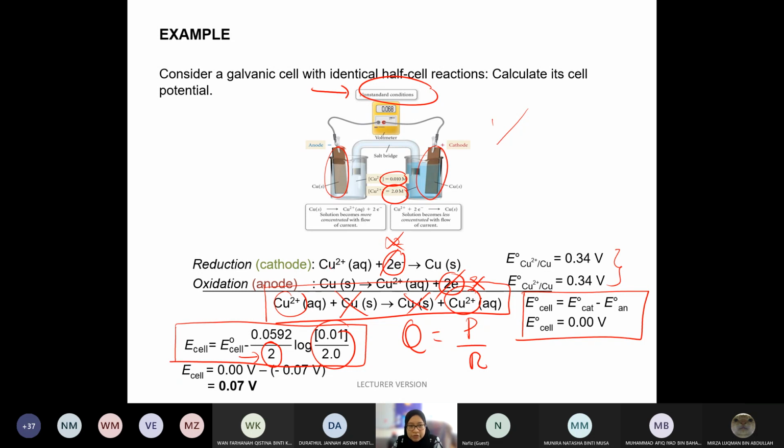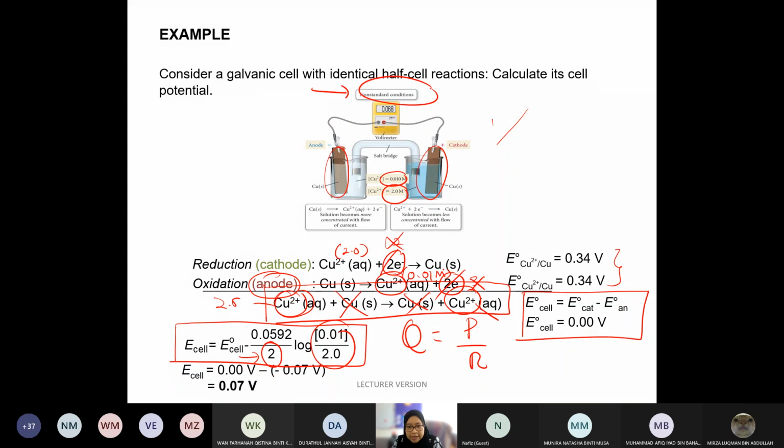Okay, this is from cathode. That means kalau cathode kat sini, ini yang pekat. Berapa pekat? 2 molar. This is 2 molar. Yang this one daripada anode, betul tak? Anode di copper 2 plus dia adalah 0.01 molar. So bila you dapat dekat sini, this one is 2 molar.